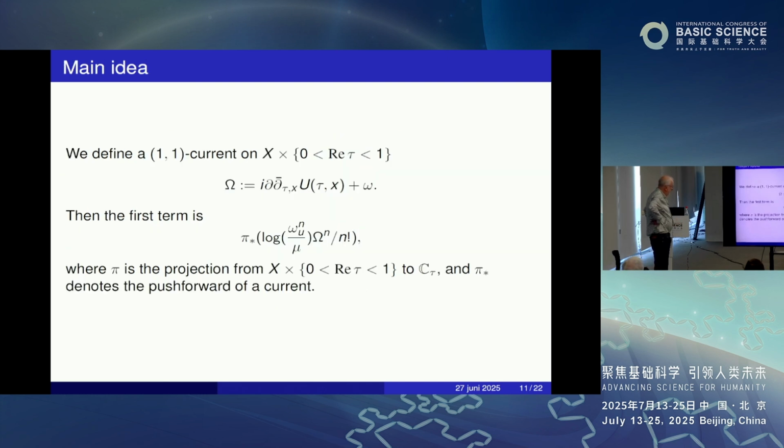So in order to attack this, we define a 1-1 current by taking this function u and taking i dd bar of that, we get the 1-1 current, and then we add the fixed Kähler form omega there, and we get a 1-1 current on X multiplied by a strip.